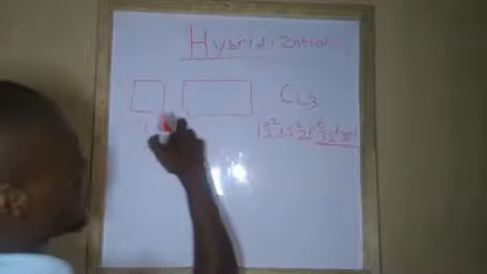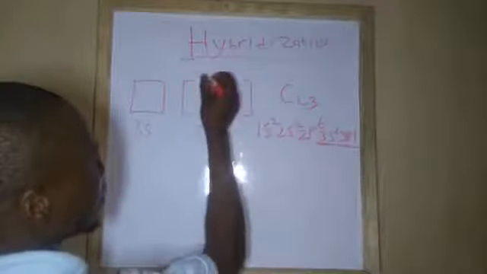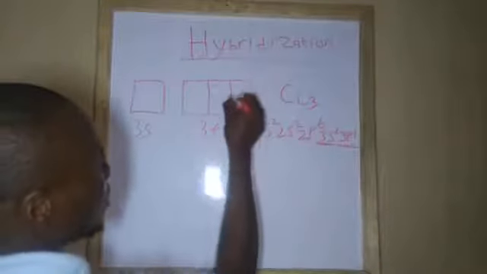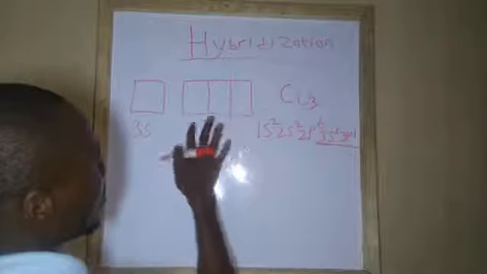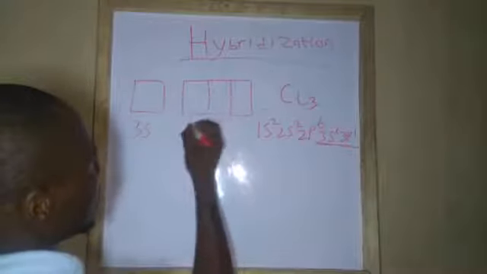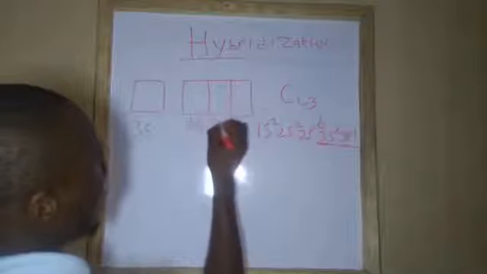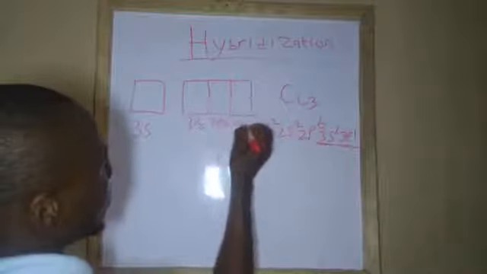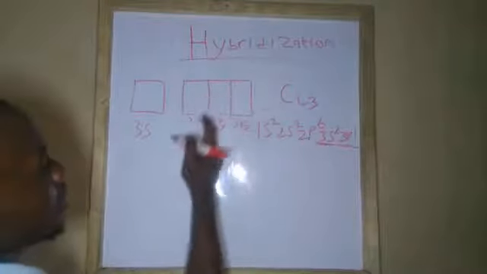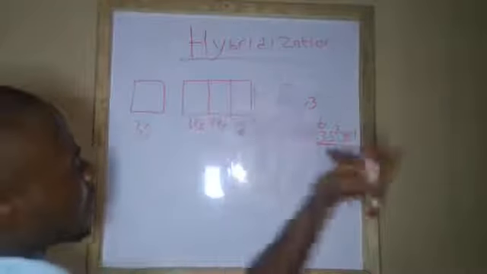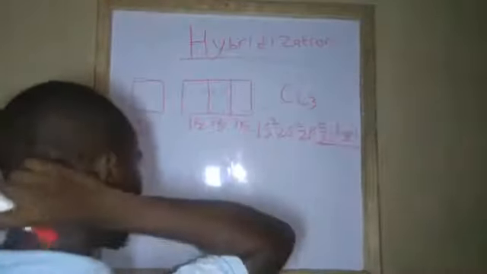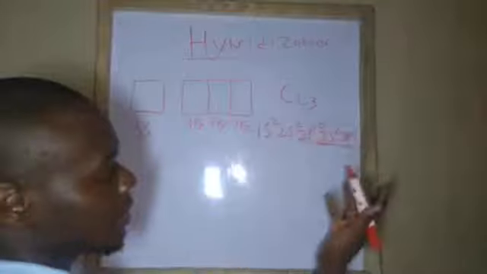Then this is your 3p orbital: 3px, 3py, 3pz. Anywhere you see 3p, this is x, this is y, this is z. I won't go into more details. I'm showing you just the secrets, so I don't want to go into unnecessary details here.